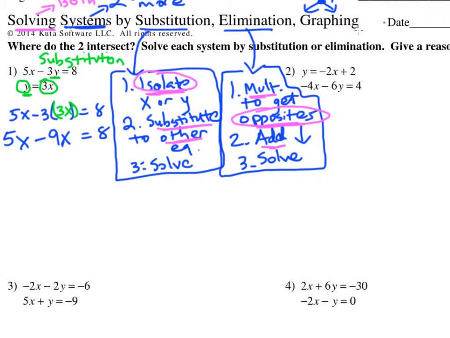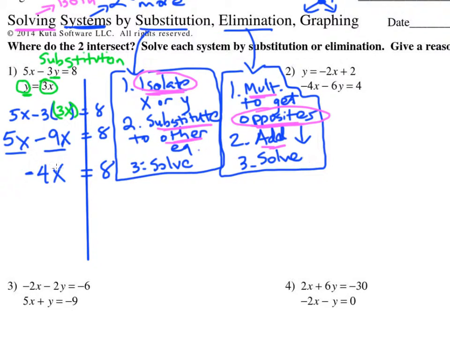Let me draw my barrier here. So let's see, I've got like terms. 5x minus 9x. That looks like different signs. Subtract. So 9 minus 5 is 4, but take the sign of the bigger number. That's a negative 4x.